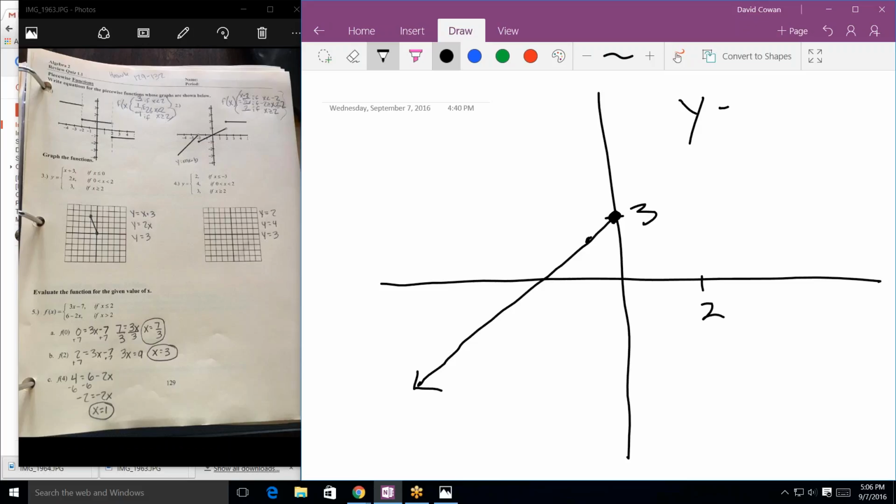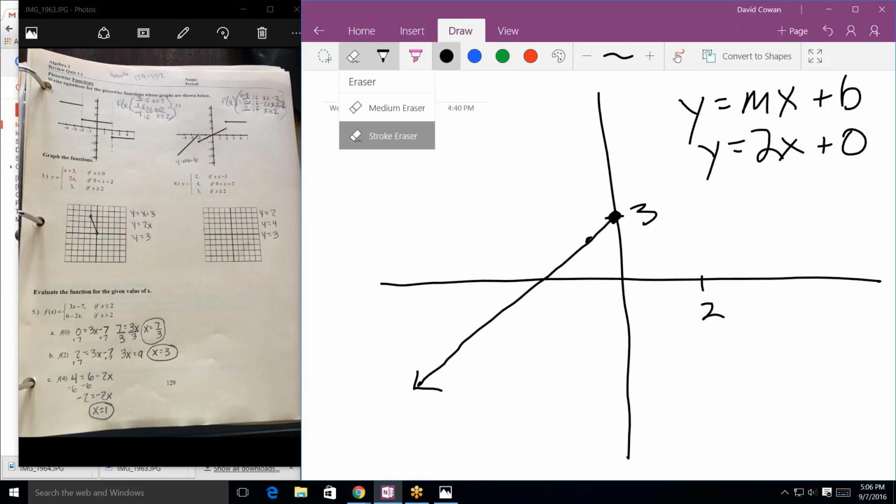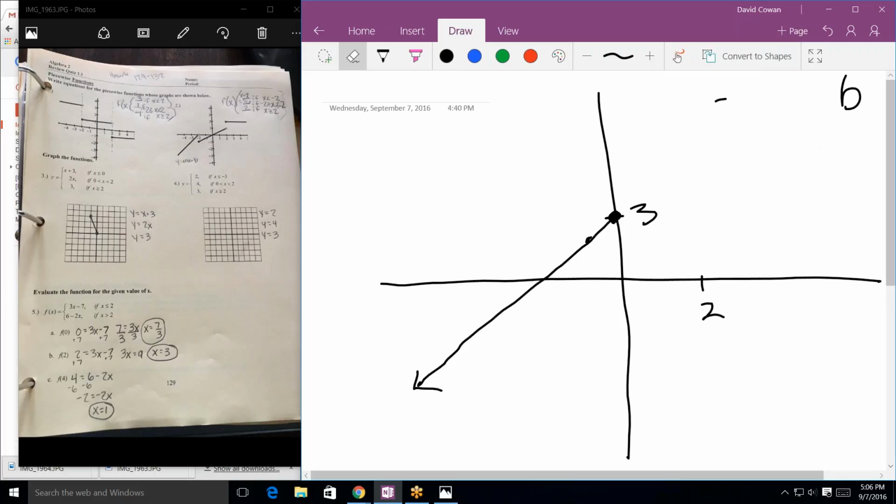Always remember, you're always trying to put these in y equals mx plus b. In this case, it's y equals 2x plus 0. There is no y-intercept, which means it's 0. So I'm starting at 0, 0, right there, with an open circle.